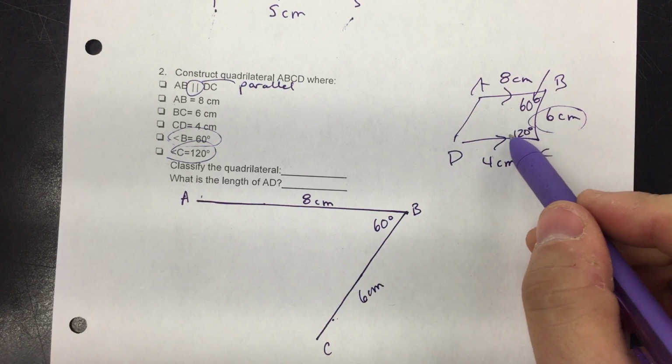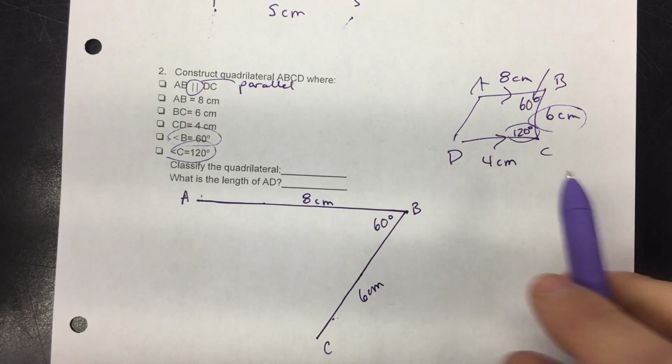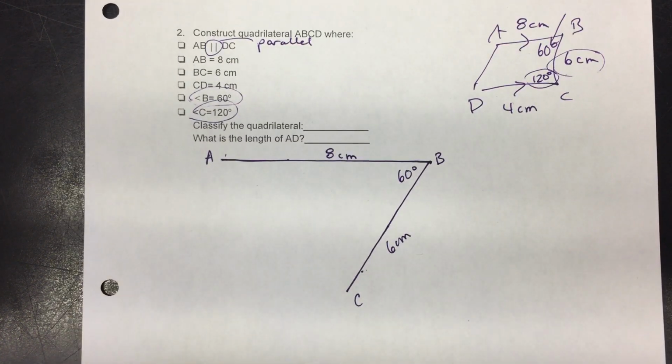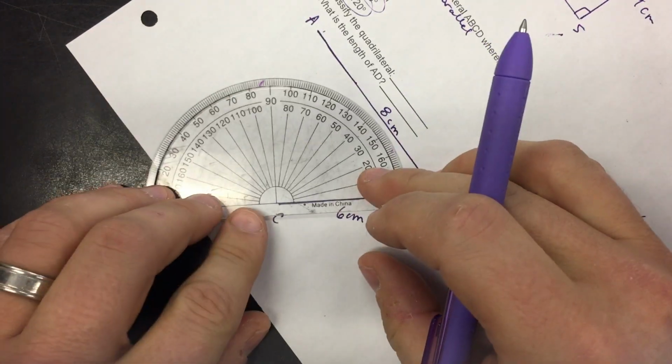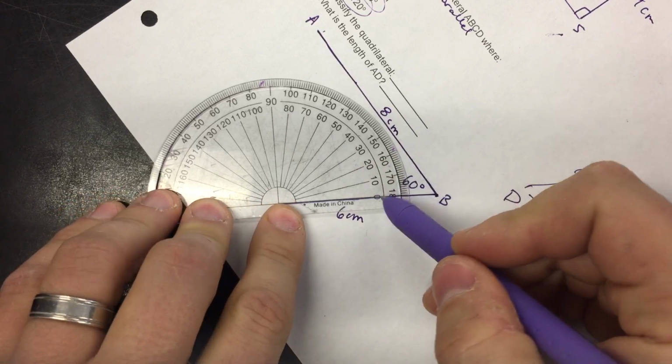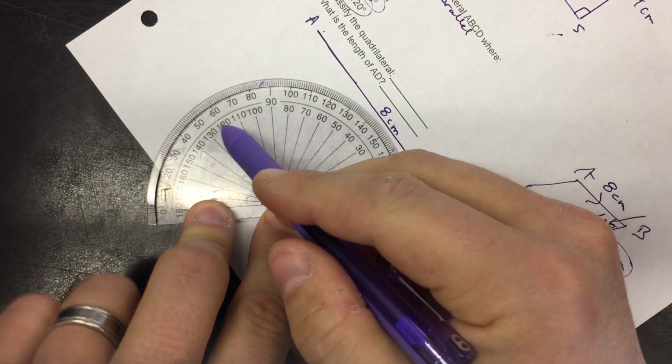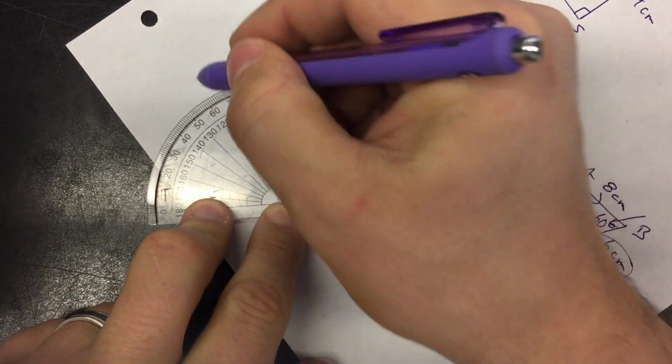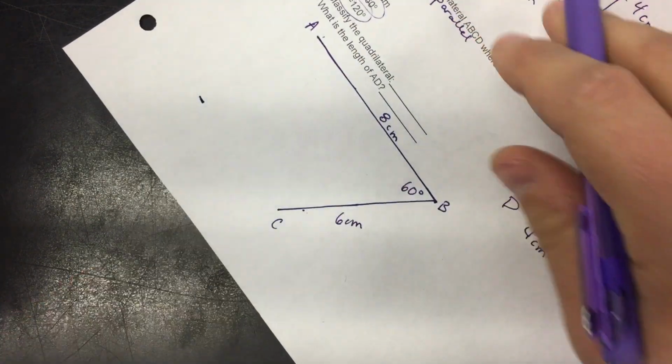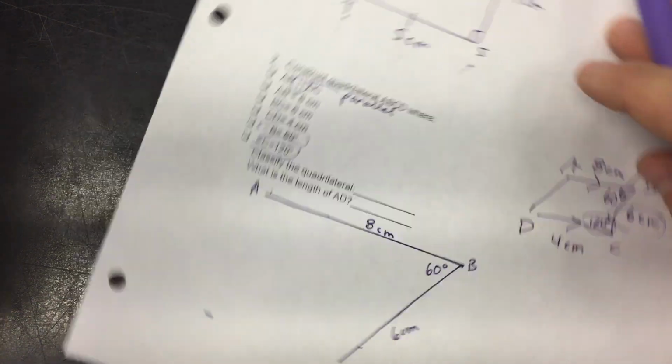The next thing I have is that this angle is 120 degrees. Okay, so I'm going to use my protractor again to find a 120-degree angle. I'm starting at 0 and I'm working around until I get to 120. And then I'm going to go in that direction for 4 centimeters.